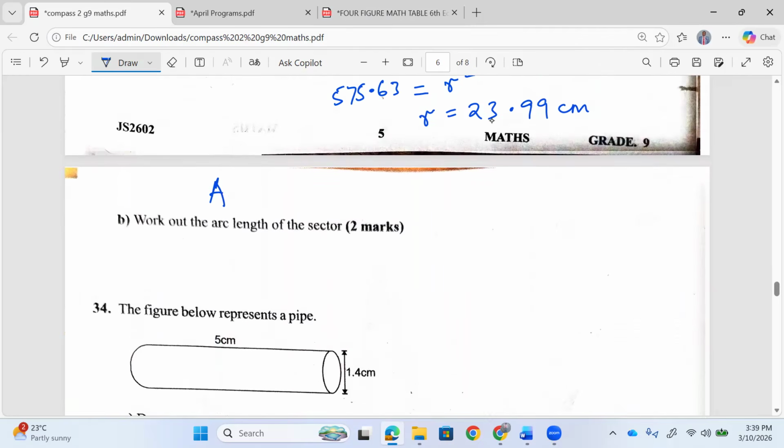Arc length is usually given by the angle at the center over 360 times 2 pi r.